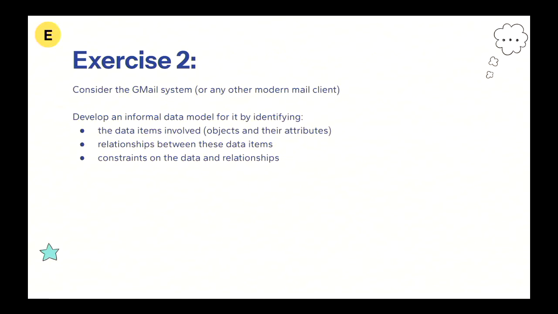Since we have gone through exercise 1 in detail, let's quickly go through exercise 2. So the thinking process here is, let's come up with the objects first. So what could we have in an email system?